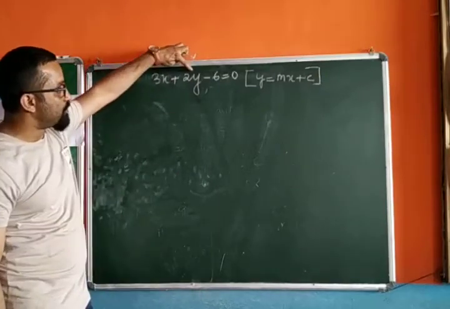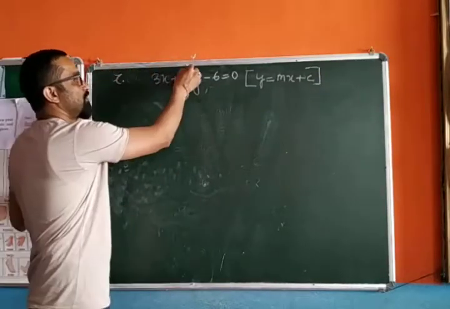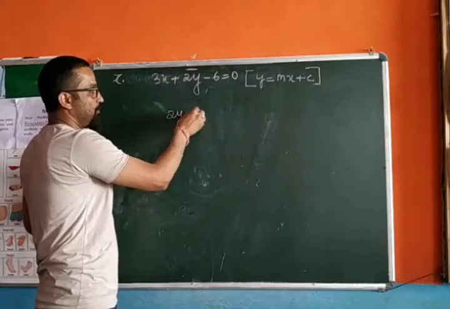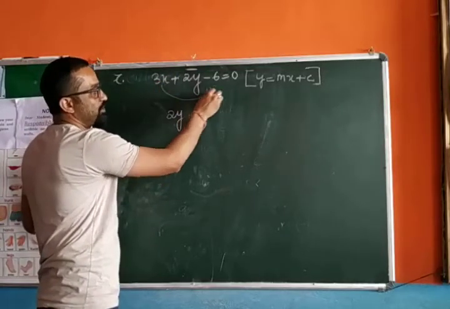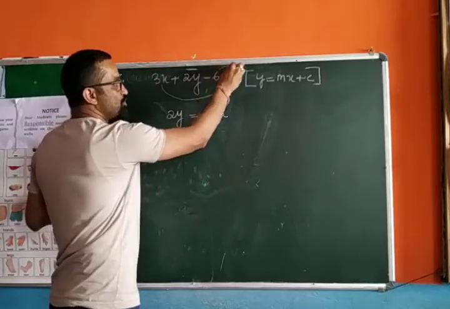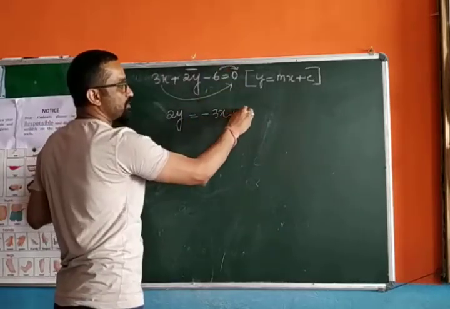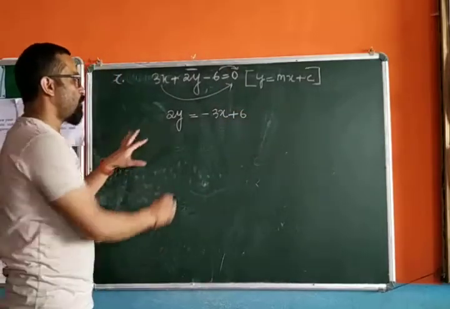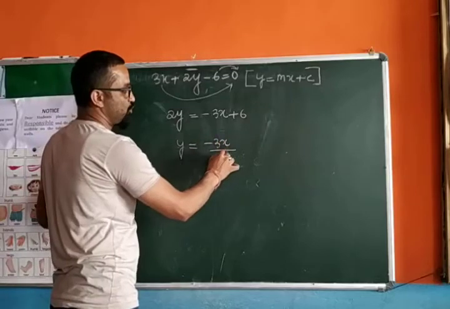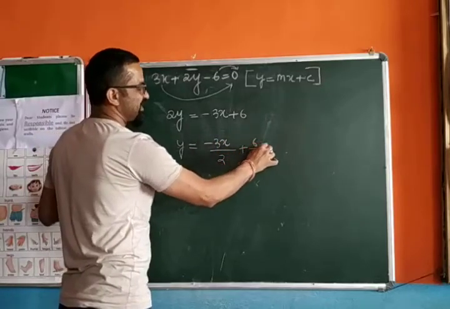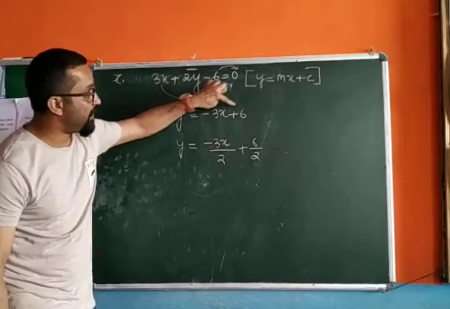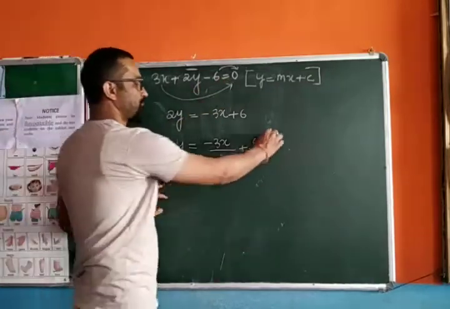So you need to make y the subject of the formula. You write 2y equal to, take x on the right hand side, minus 3x, then you take the constant term, plus 6. y is equal to minus 3x divided by 2 plus 6 divided by 2. You divide both terms separately by 2.